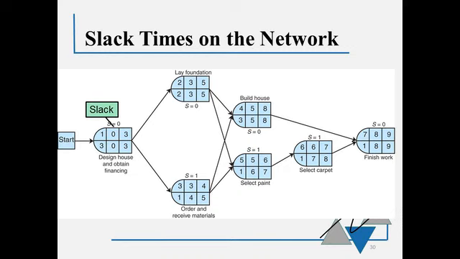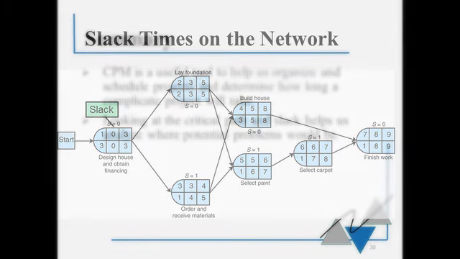And so once we have all the numbers written on the node, we would also want to go back through and write down all the slack times so that we know if there's some kind of a delay on that particular activity, how that might affect the project.